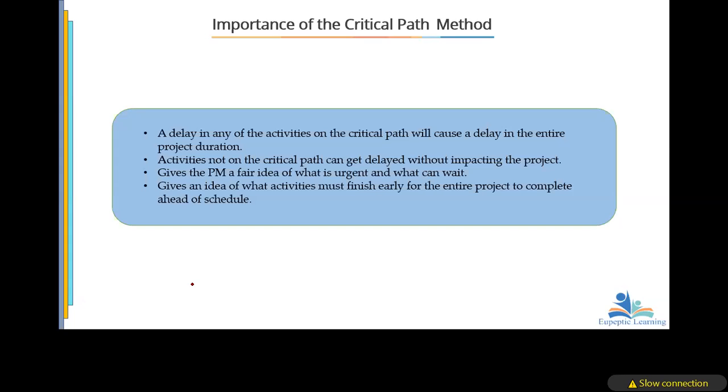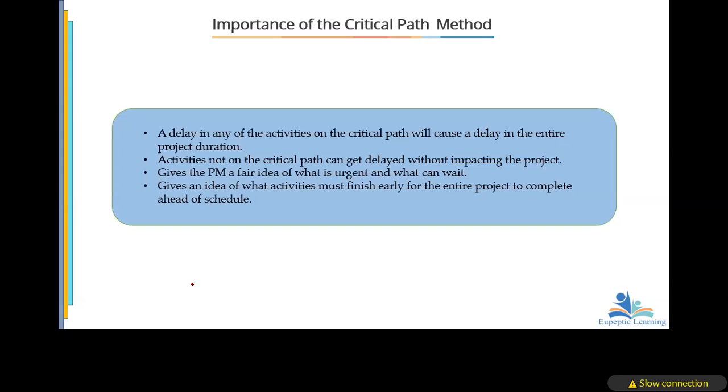If the activity is not on the critical path, we know that we can delay it, but we should also look at the free float of that activity. So it gives the PM a fair idea of what is urgent and what can wait, and an idea of what activities must finish early for the entire project to complete ahead of schedule. That is the beauty of the critical path method.